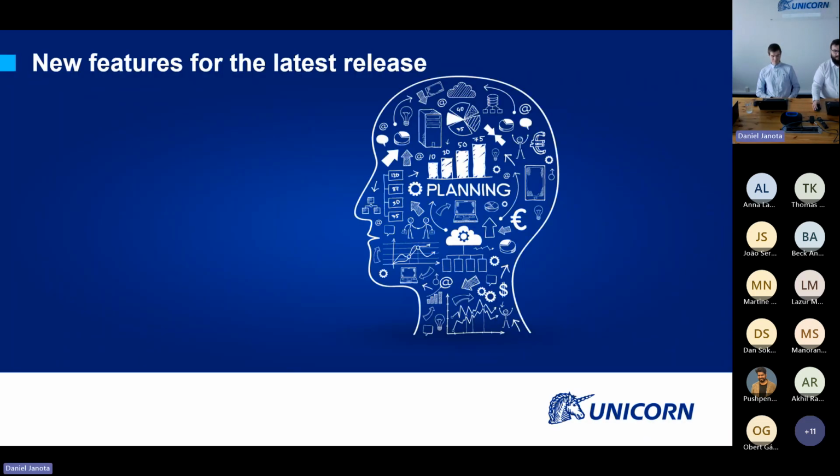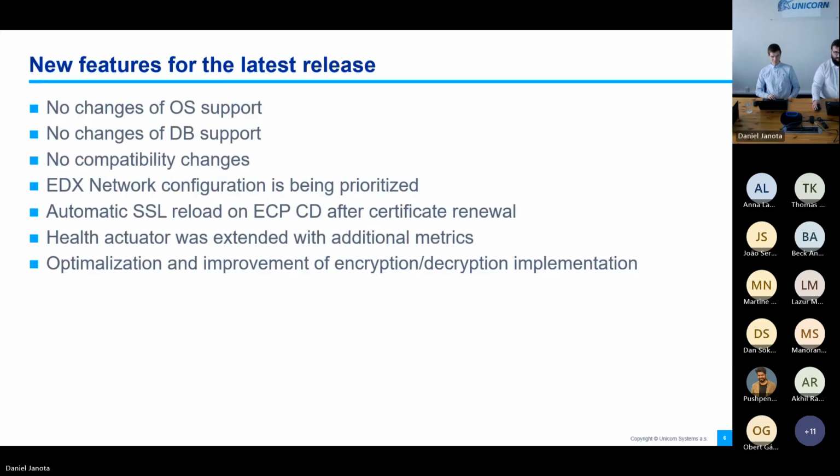So let's check some new features in the latest release, and some important information. There are no changes in compatibility or OS or DB support, so we are still supporting the same operating systems and databases. Regarding the new features, EDX network configuration is now being prioritized.